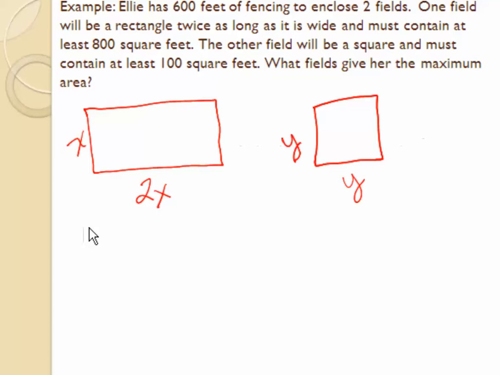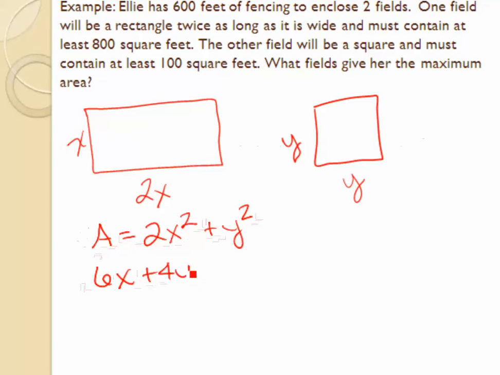Now, if we want to find the area, let's write out our area formula. The area would equal 2x squared, the area of the first, plus y squared, the area of the square. The perimeter would be 6x plus 4y, and our perimeter is going to be 600.